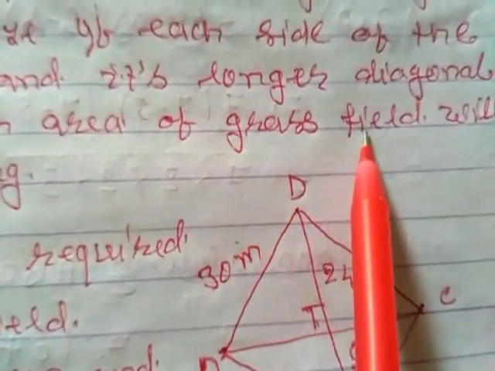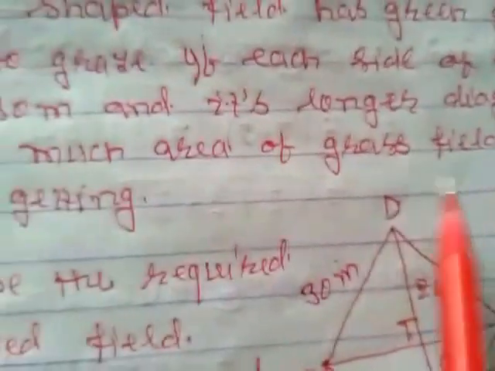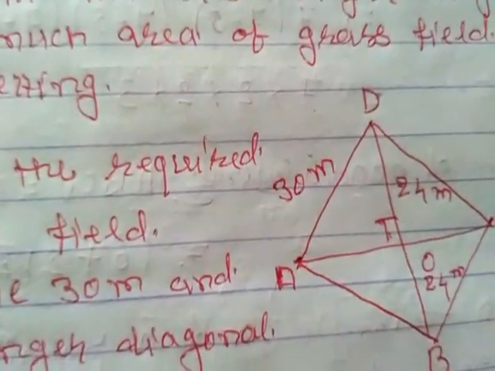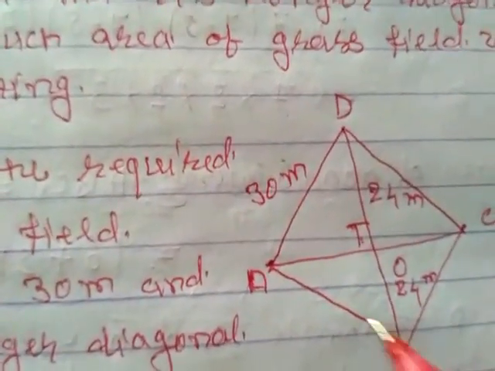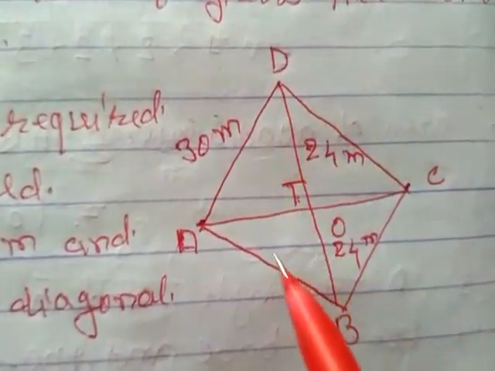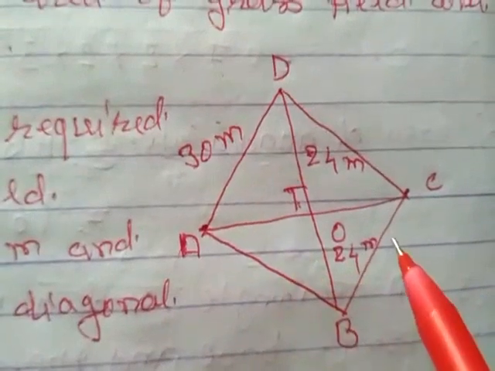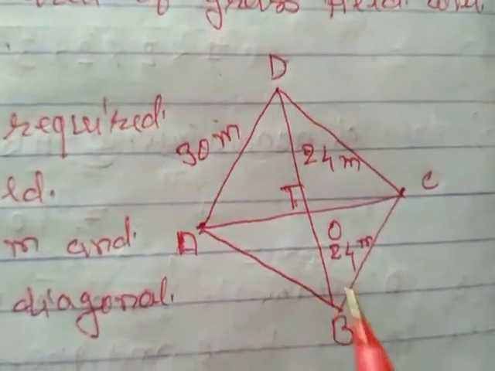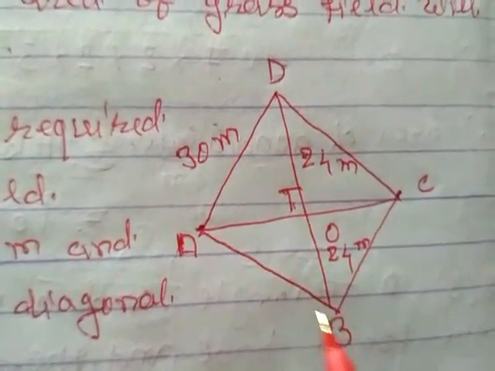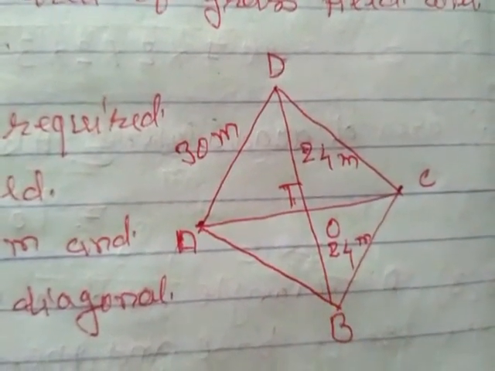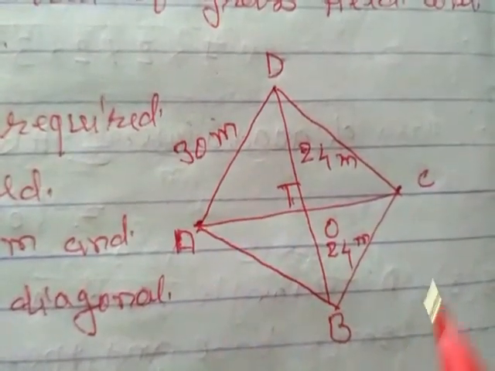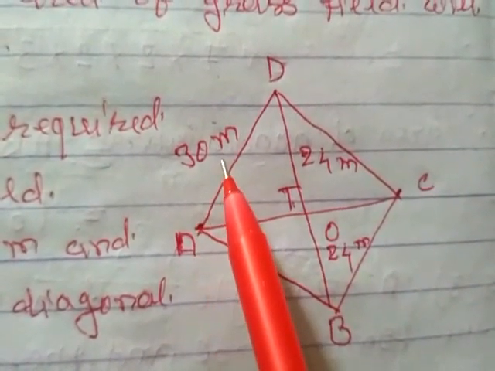Now children, let us suppose ABCD is a rhombus shaped field of green grass in which 18 cows are to graze. The side of the rhombus shaped field is given as 30 meter, and one of its longer diagonals is given as 48 meter.